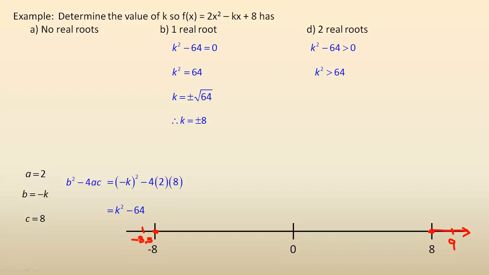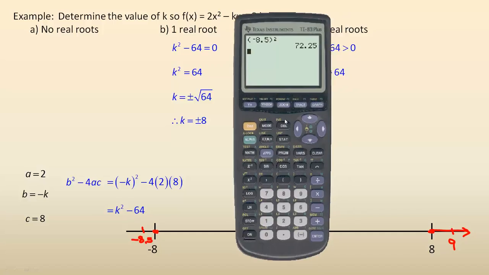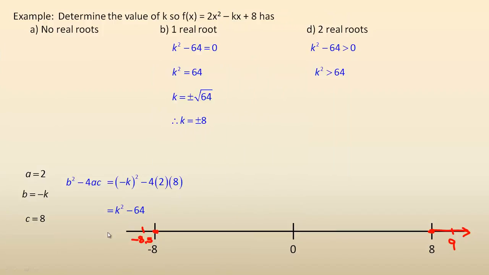If I take my calculator and square negative 8.5, notice you get a number bigger than 64. So any number below negative 8 is going to be in the solution set here. Anything down here, when you square it, you get bigger than 64.